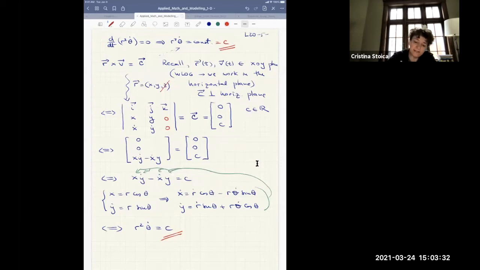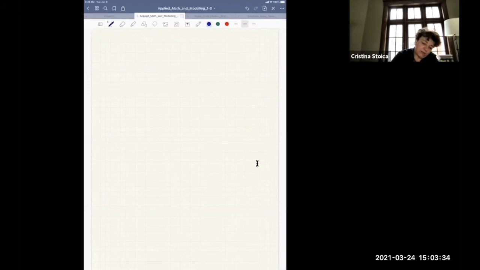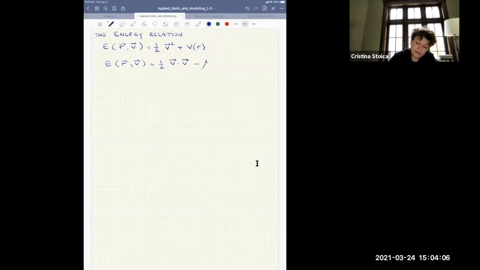All right, let's see the energy relation. So the energy relation was written in this way: one half V dot V, that's the V squared, plus V of r, which in this case is minus mu over r.